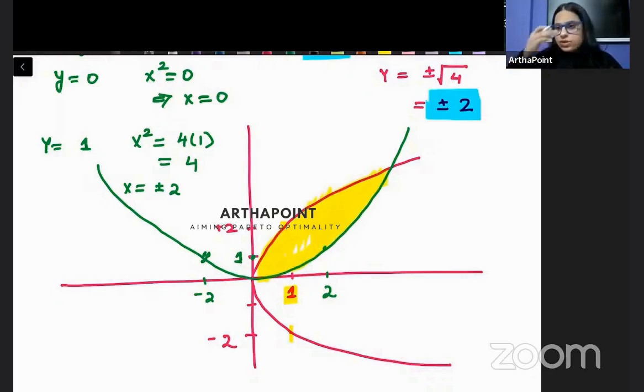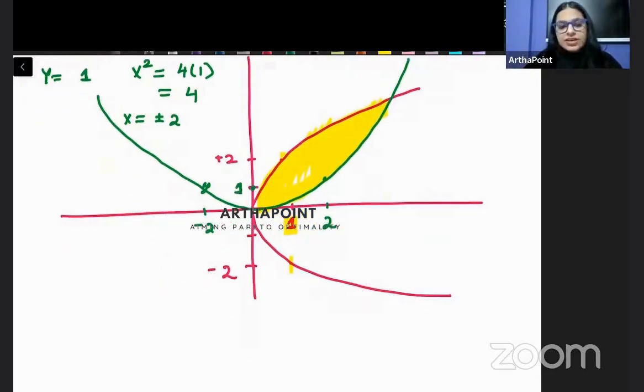Now just think about it. ध्यान से सुनना मेरी बात, बहुत important है. But to find the area between two curves, first of all, I must know their point of intersection. पहले मुझे जानना होगा where these two curves are intersecting. ये वाला point क्या है और ये वाला point क्या है? सबसे पहले ये जानना जरूरी है.